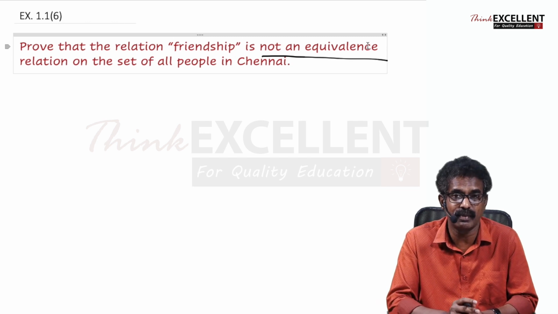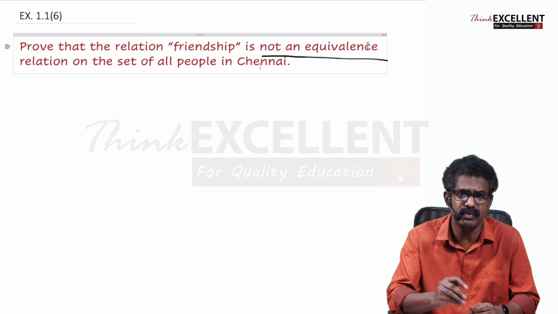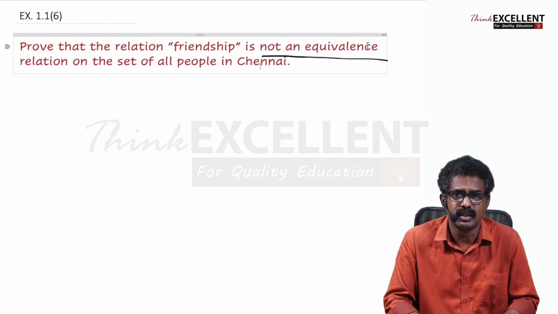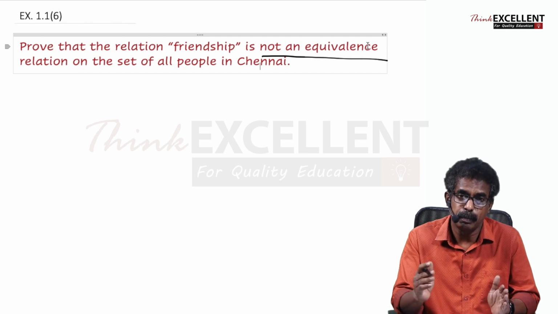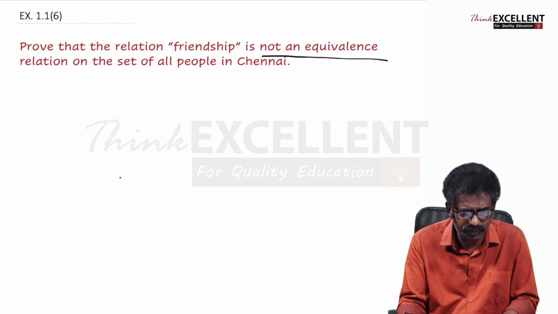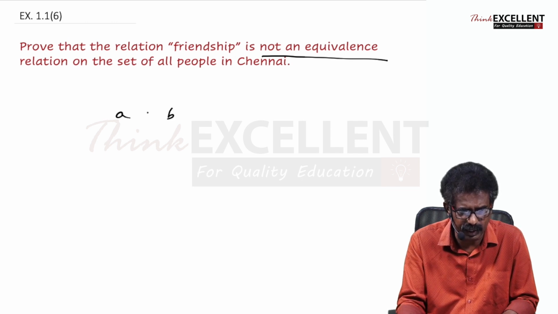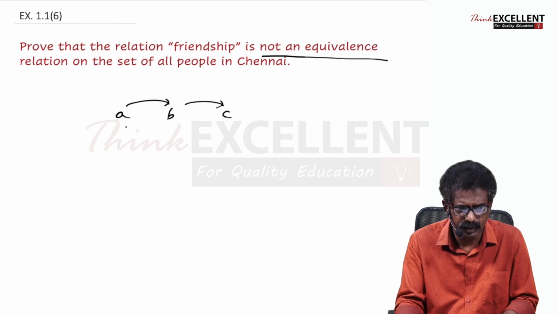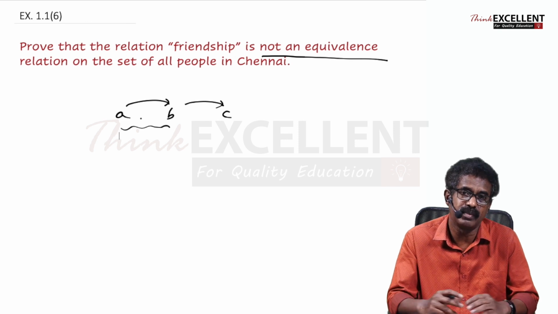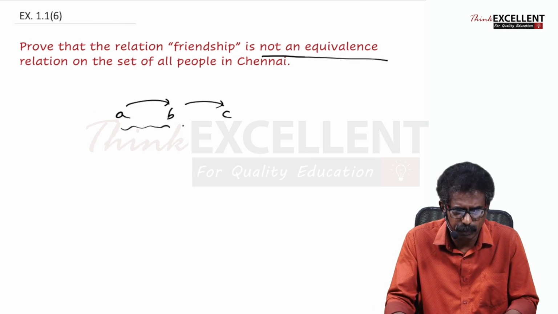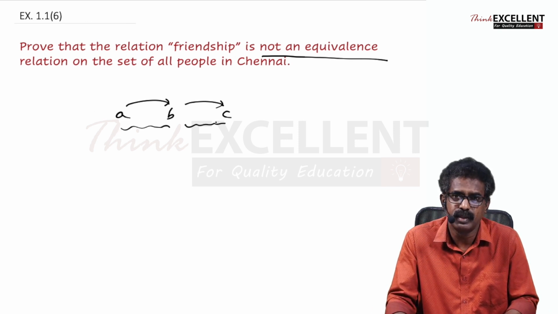But transitive, definitely it won't be satisfied, because in some case, even in one case, it is not true. A is a friend of B, B is a friend of C. Suppose A and B are school friends, and their residence areas are different places. B and C are friends in the native place.